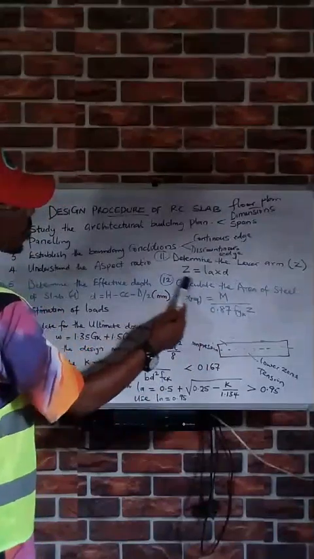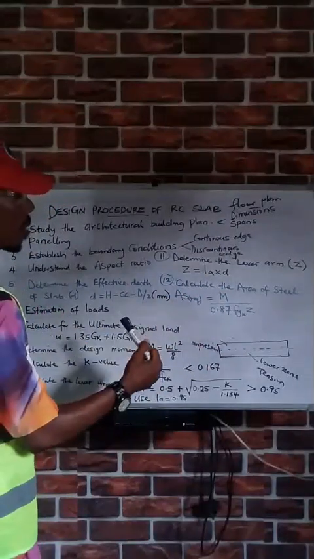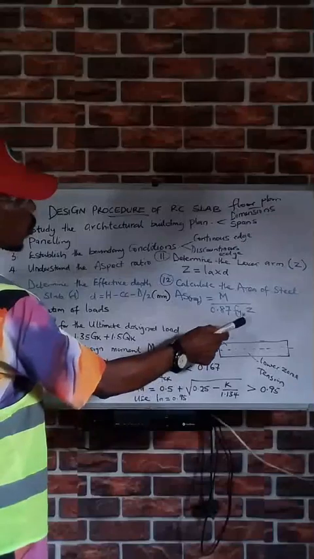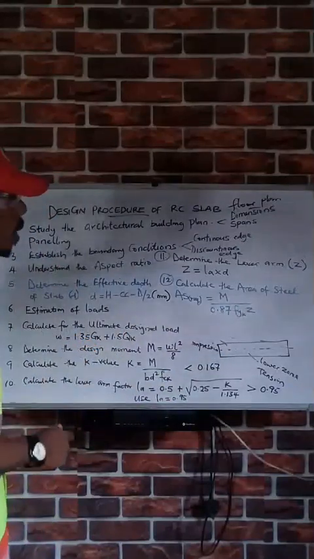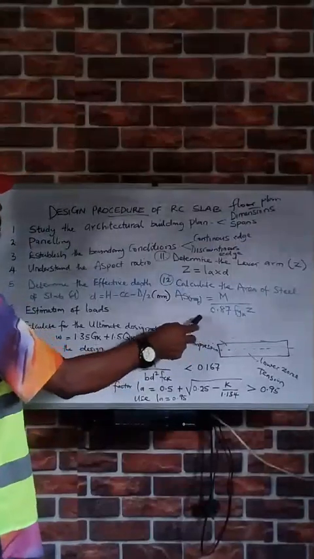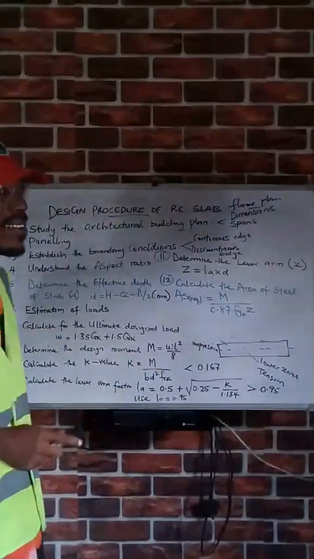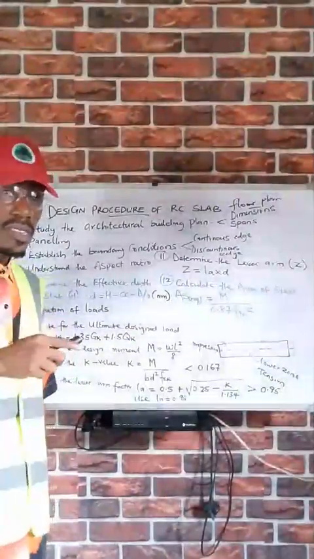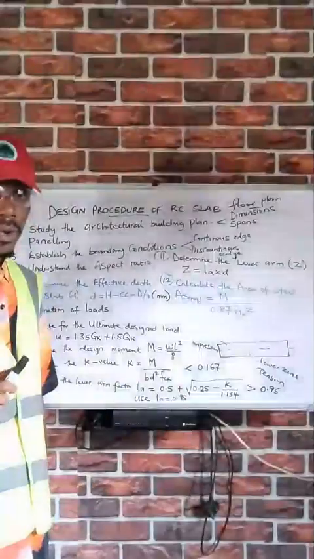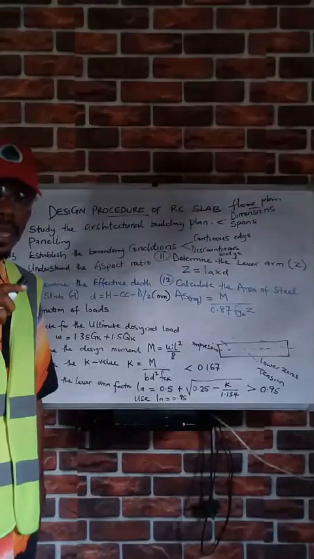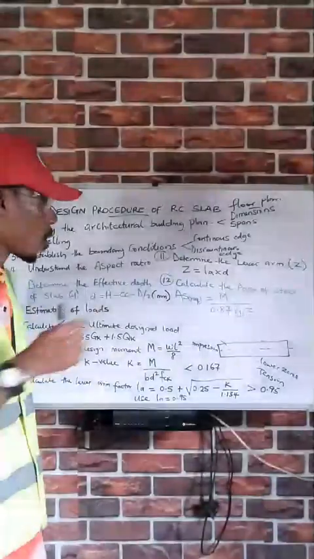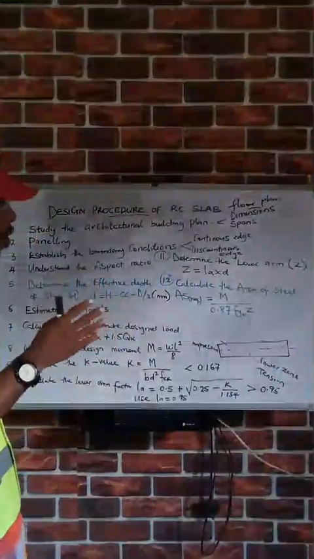Whatever you get from here is usually in millimeters, and that is what you substitute for Z. When you calculate this, you get the area of steel, usually in millimeter square per meter run, because you're considering per meter run.